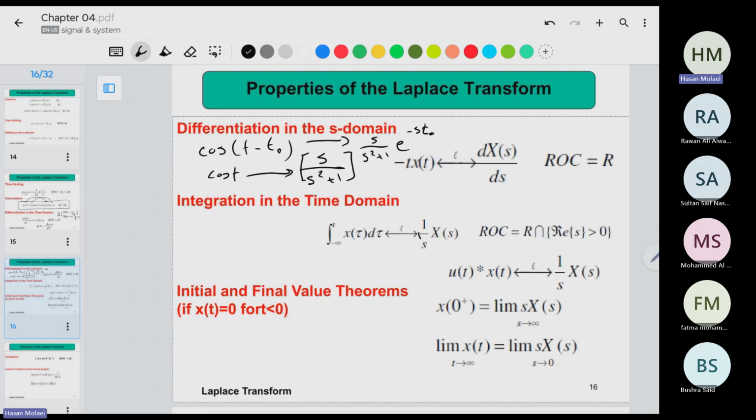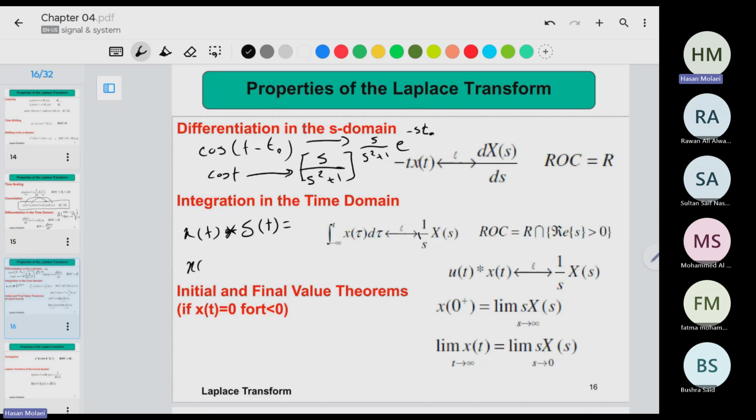Do you remember if I took the convolution of delta t with any signal, the answer would be x(t). Delta is defined. So that's convolution, that's not multiplication.